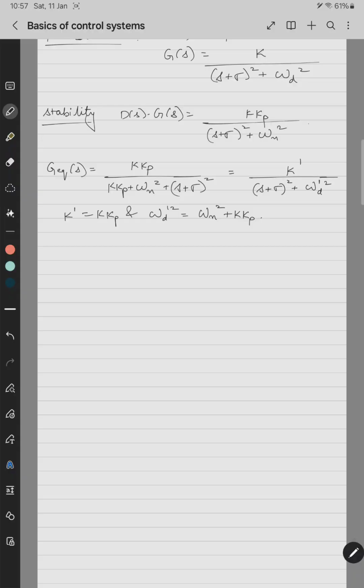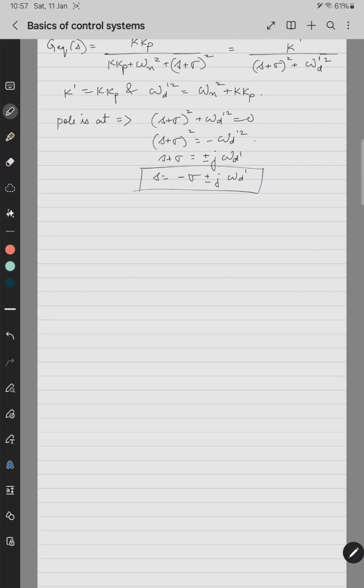For stability, what is the criteria? The real part should be positive, which means the pole is at S plus sigma whole square plus omega d dash square equals 0. So S plus sigma equals plus or minus j omega d dash, and S will be minus sigma plus or minus j omega d dash.